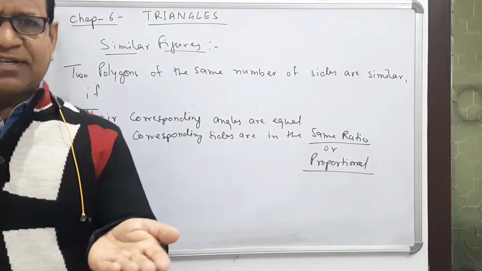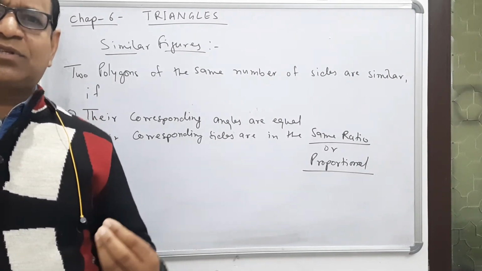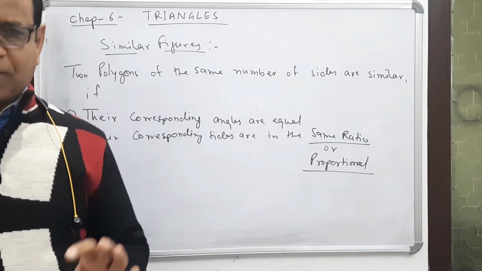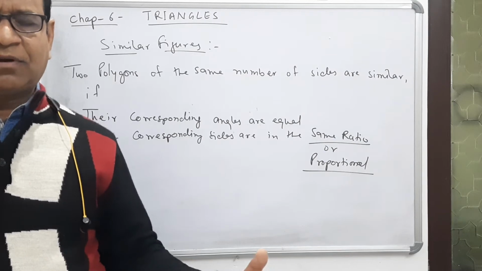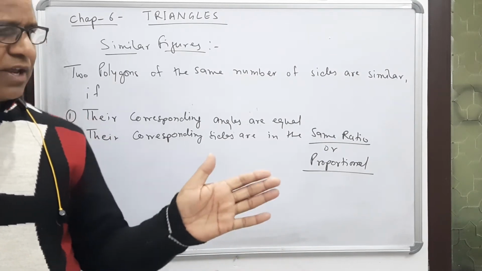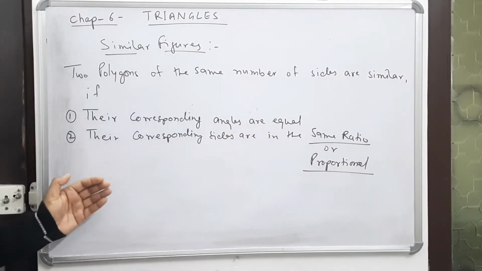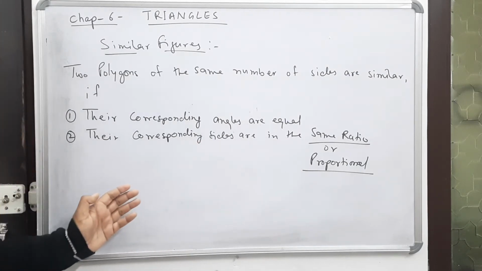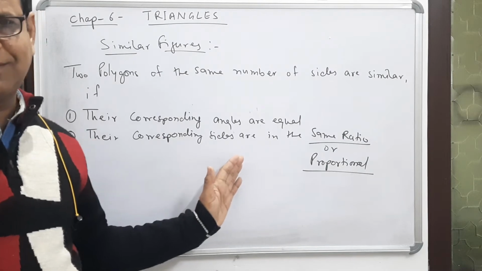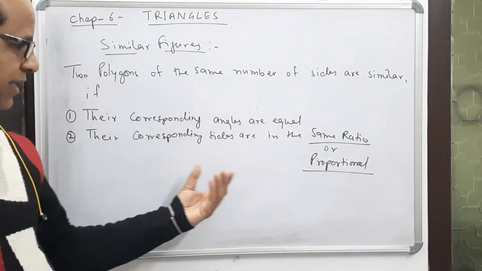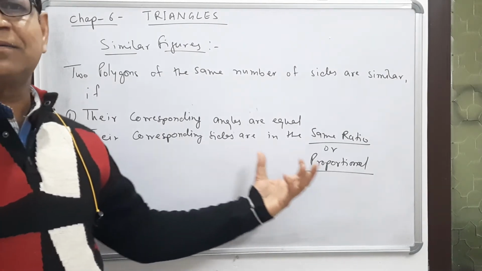One is the original one, one I ask the person to get a reduced photocopy, and one I ask the person to get the enlarged photocopy. Now when I keep all these photographs in one place, you will find that all these are similar to each other. Only they are different in their sizes.